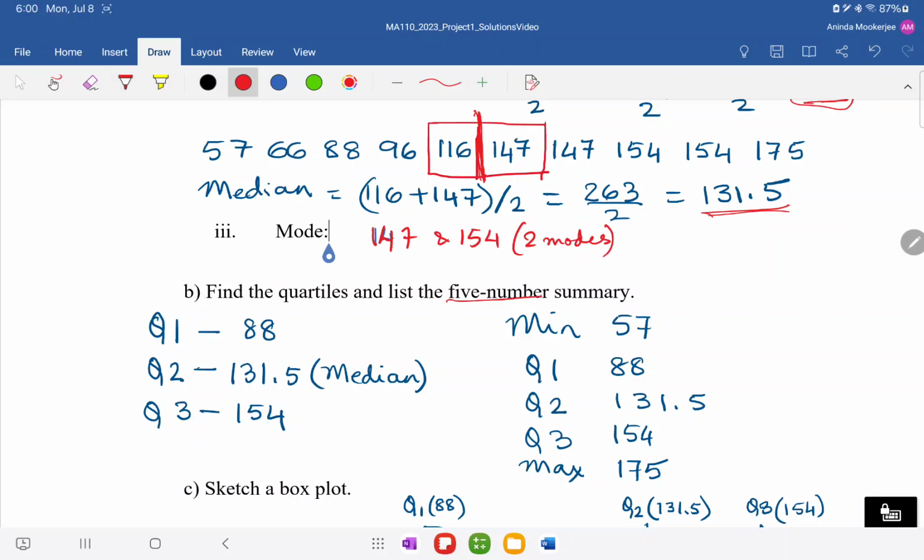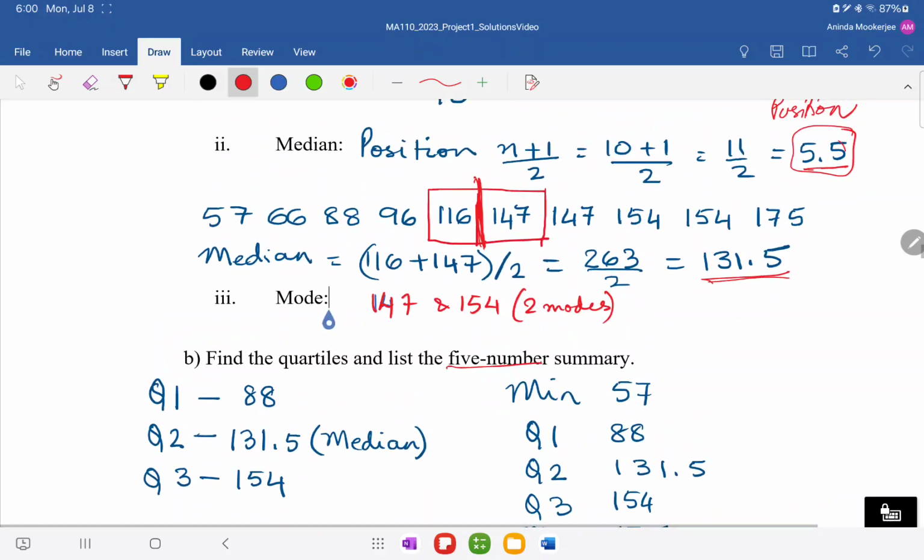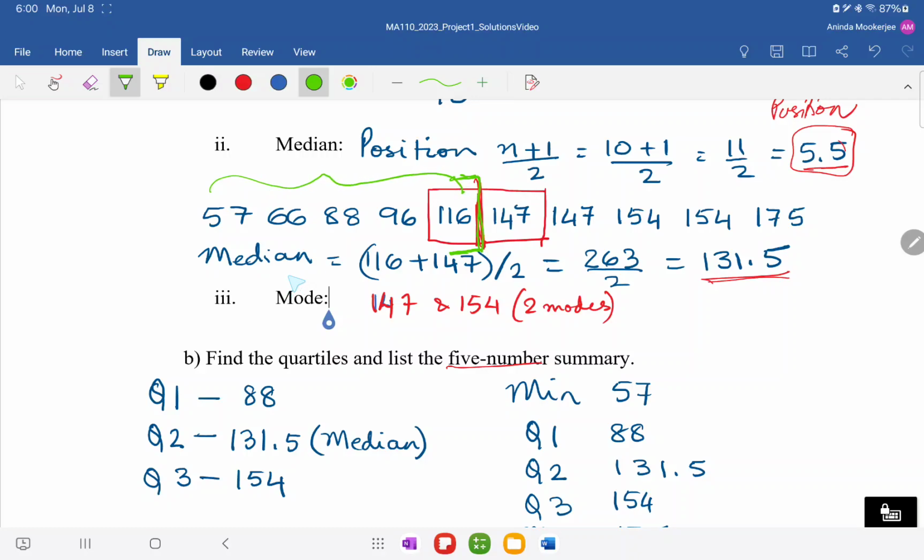To find quartile 1, you have to look at the first half of the data set. This particular median divides the data set into 2 equal parts. So to find Q1, you're essentially finding the median of this data. It would be 88, correct?